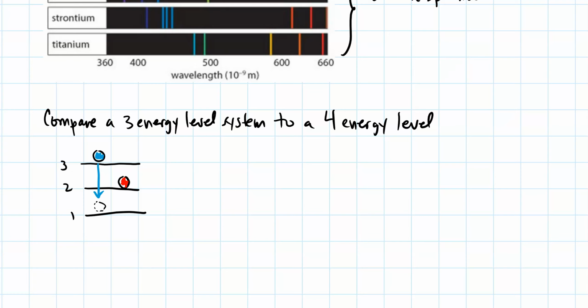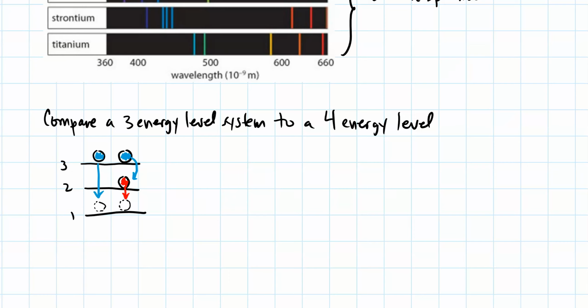And what you're seeing here is that this atom, the blue atom, can jump from the first to the second, the third to the first, and the red can jump from the second to the first, but there's a third possibility. And the third possibility here is that I could have this blue one, instead of jumping to the first, it could first jump also to the second.